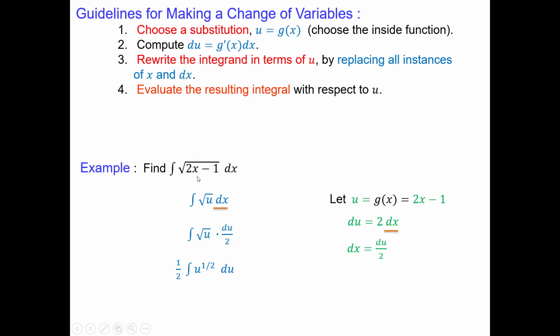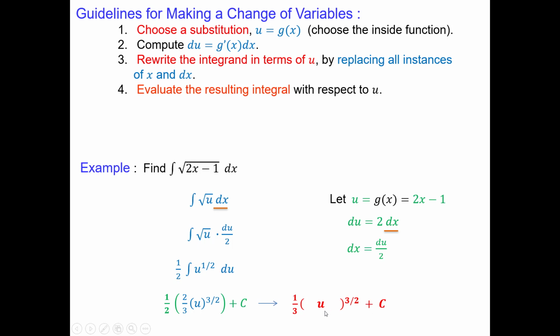So instead of trying to recognize the pattern, we could just physically turn into u's and make the integral easier. So the integral of u to the 1/2 is u to the 3/2 by adding 1 times the reciprocal, which is 2/3. So we now just simplify that a little bit. That becomes 1/3, the 2's cancel, so we're left with 1/3 u to the 3/2 plus c.